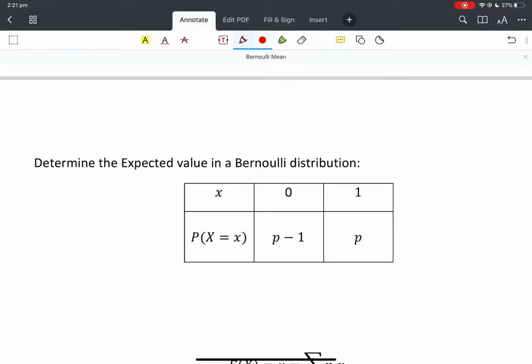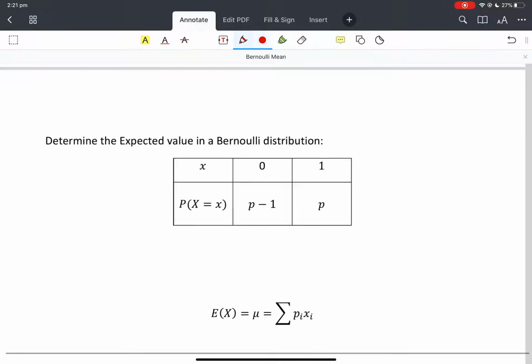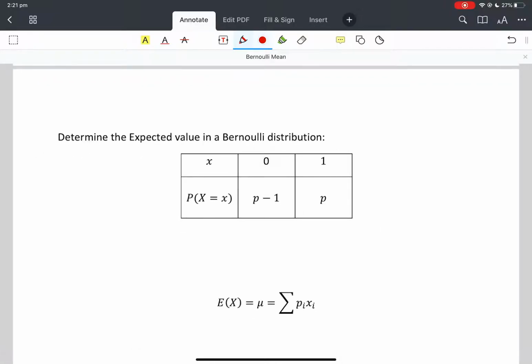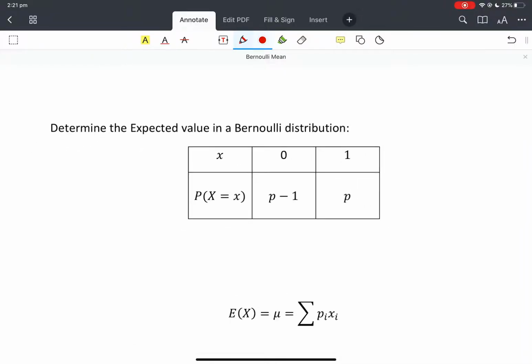So we've done an expected value video before, and you've watched it and completely understood it. And we know that the expected value, or mu, is the sum of p_i x_i, where i is the iteration. We're going to multiply down and then add across. So let's multiply down. What's 0 multiplied by 1 minus p?